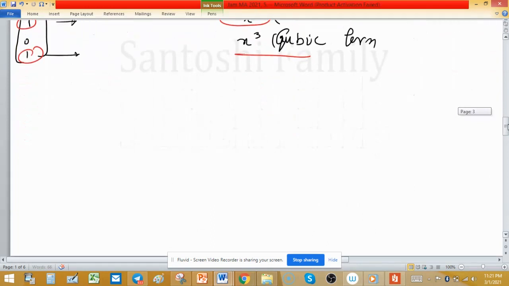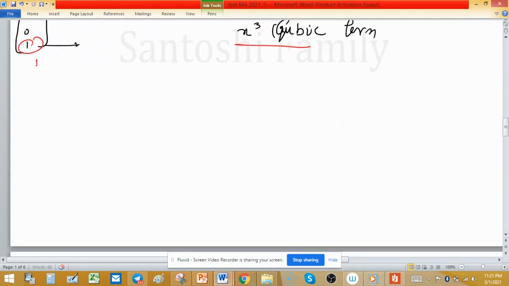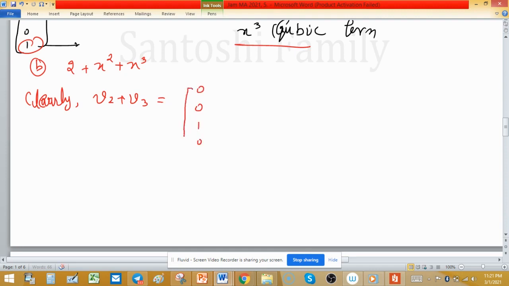Similarly we have to check for option B. Now option B is given as 2 plus x square plus x cube. Clearly v2 plus v3. v2 is 0 0 1 0 and v3 is 2 0 0 1.